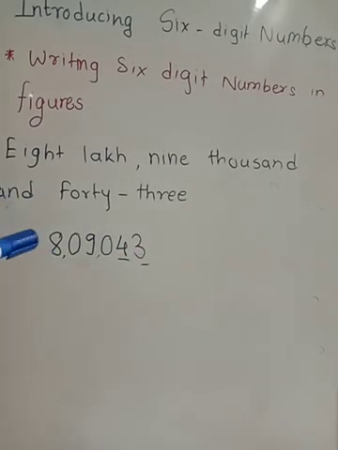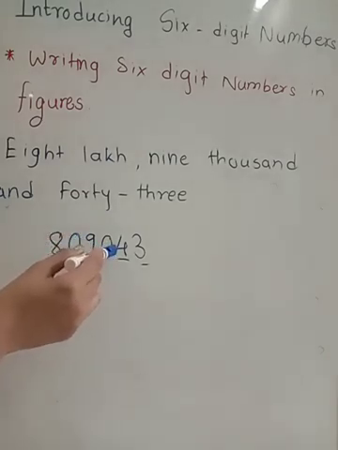See, when writing numbers in figures, write the digit in the highest place first, and then each of the next smaller places. Write the proper digit from 1 to 9. Write 0 if there is no digit in that place.